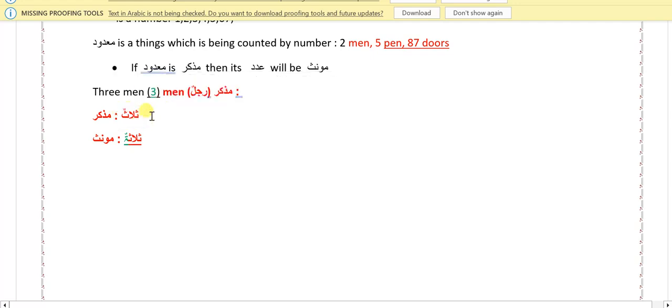Why? Because there is a rule. When the madud is muzakkar, its adad will be muannas. That's the first rule.